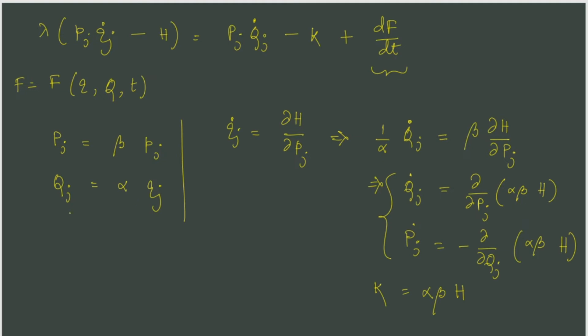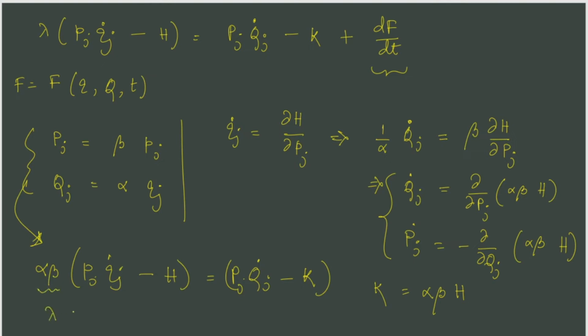So for that, the scaling transformation will look like alpha beta times pj qj dot minus H. It holds for the above transformation. It always works, and this alpha beta you can define to be lambda.